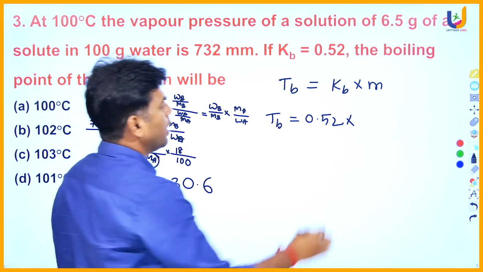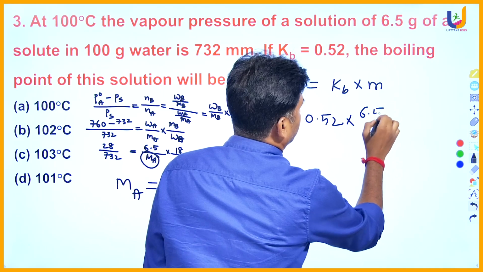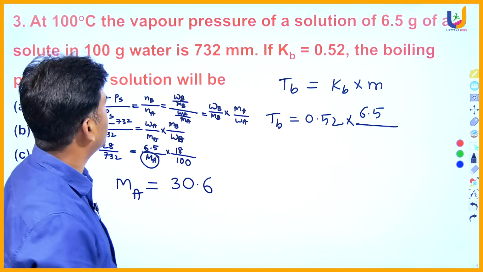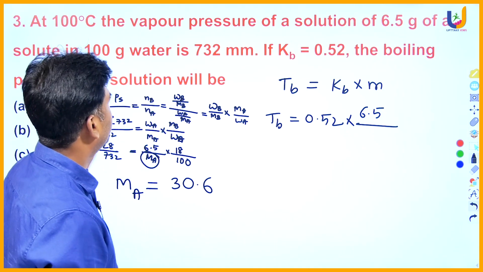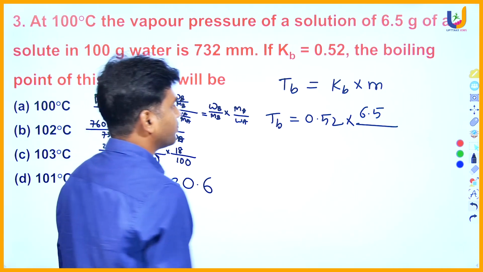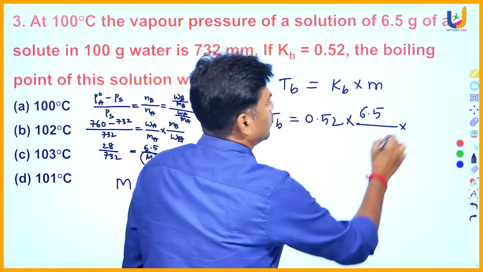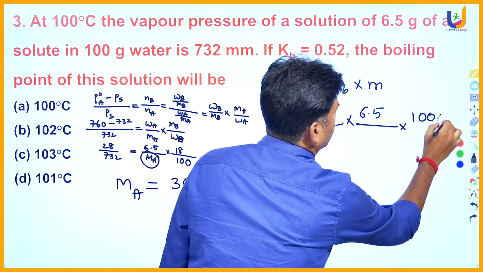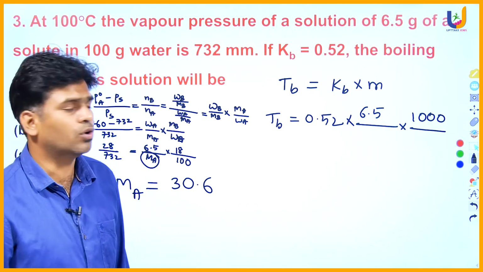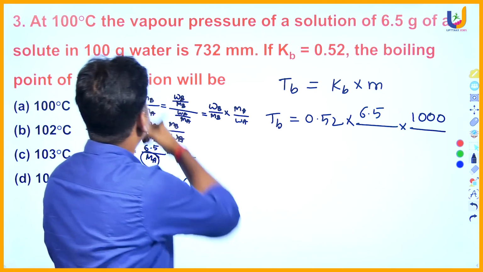Weight of solute 6.5 by gram molecular weight of solute. What is the gram molecular weight of solute here? We don't know, into 1000 by weight of solvent in kilograms.